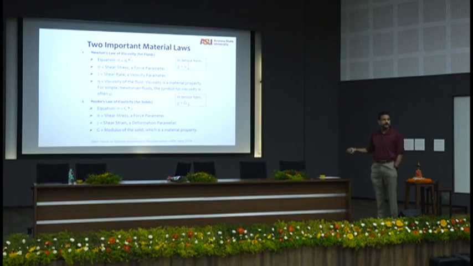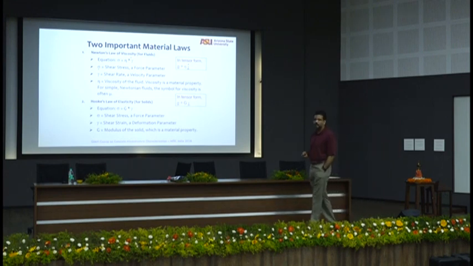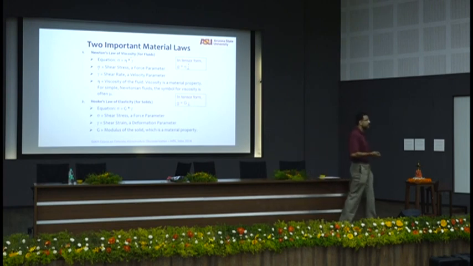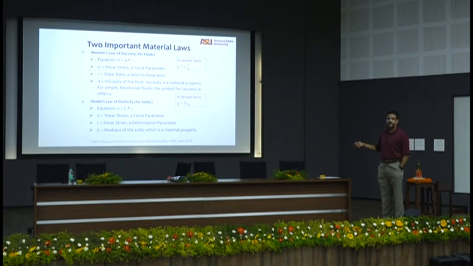You've seen all of these in your undergraduate class at some point of time. Stress is elastic modulus, whatever I just said, G, could be E or G or whatever, times strain. Similarly, shear stress is viscosity times strain rate. Because it's time dependent, we use rate rather than absolute deformations or absolute strains. You have a strain rate. So gamma, when I put a dot on top of something, it just means d gamma over dt.